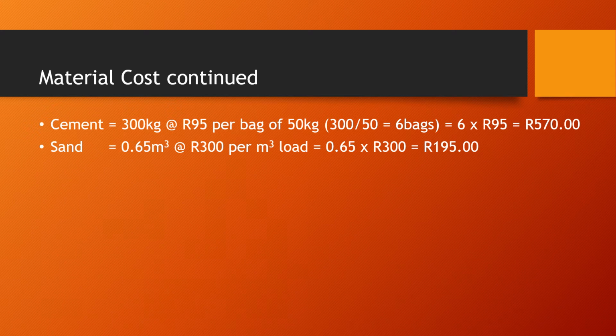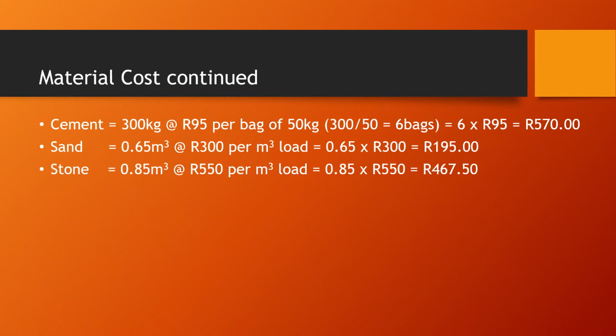Your sand, we said, is 0.65 cubes, which is about 2 wheelbarrows. Now let's assume that your sand is about 300 rand per cubic meter load. So to get the cost for the sand, you say 0.65 cubes times 300 rand per cube, so for 0.65 cubes, it's 195 rand.